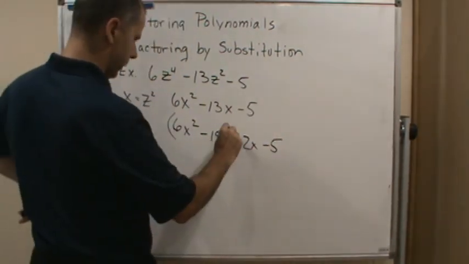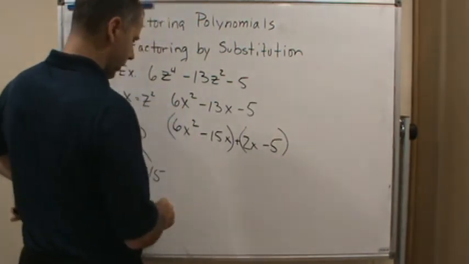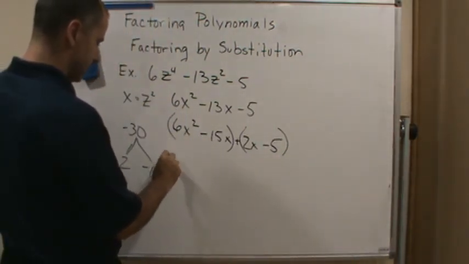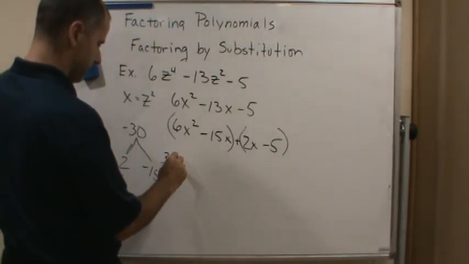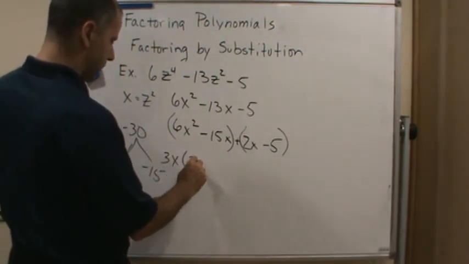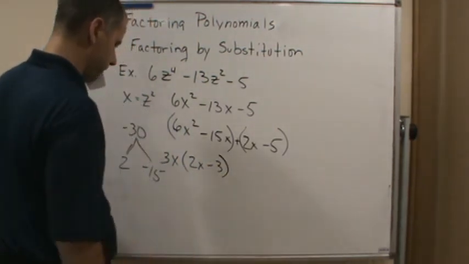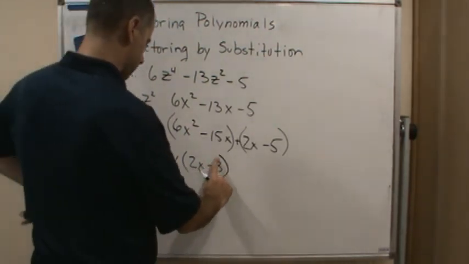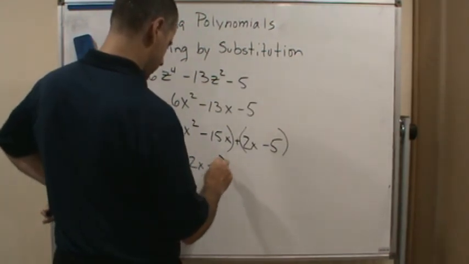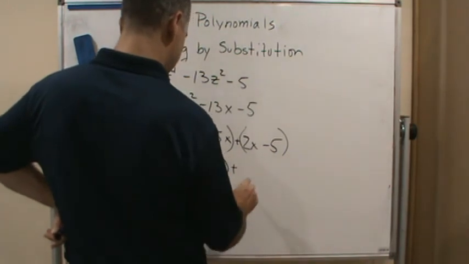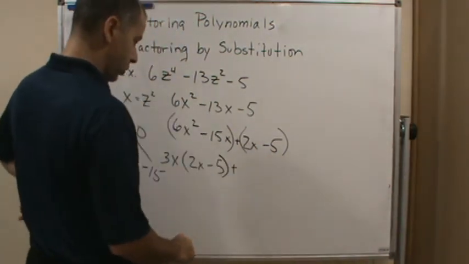And of course, I'm going to group them. And then the greatest common factor here is 3x. So I'm going to end up with a 2x minus 5. And then here I'm going to end up with 2x minus 5.